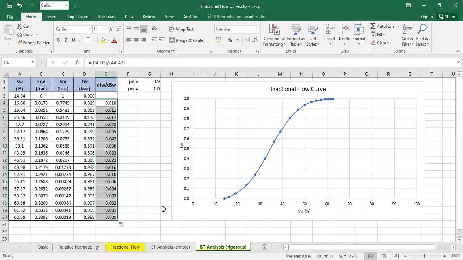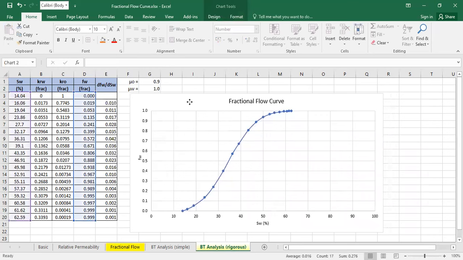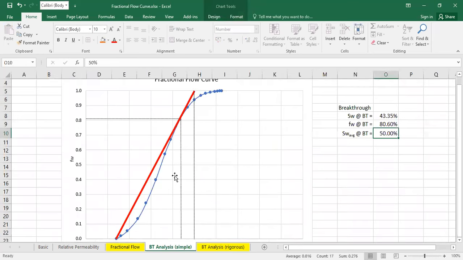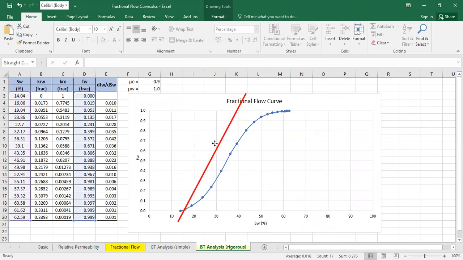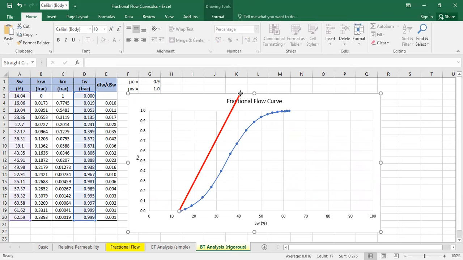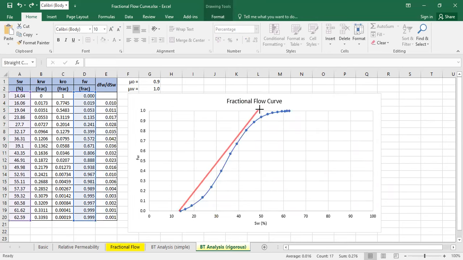The same thing, we can make a line, but later we will construct a real line, not with this shape.